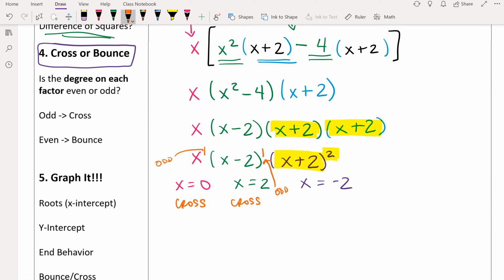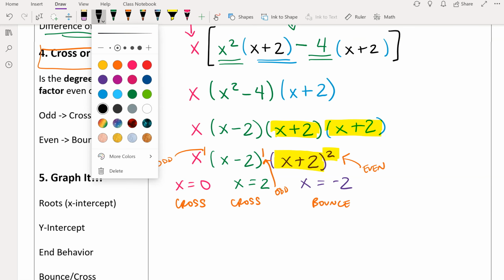And then at x equals -2, for that root, the exponent here is 2, which is even. So at x equals -2, we're going to bounce. So we figured out our cross or bounce.